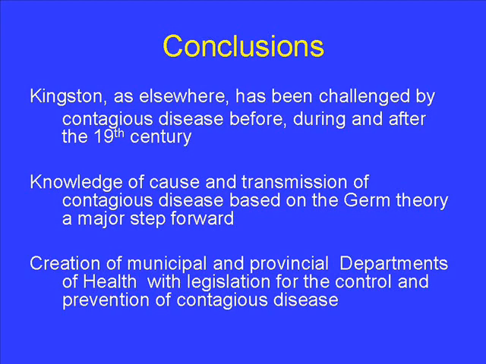The next thing that was very important, a product of the 19th century, was the creation of the municipal and provincial departments of health with legislation for the control and the prevention of contagious disease. That has been very important and is still extraordinarily important to us today.